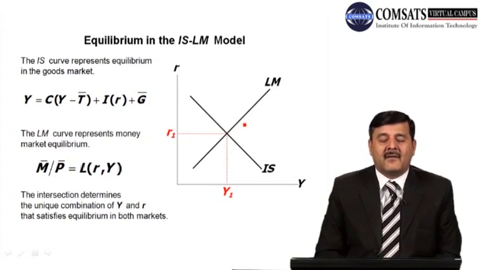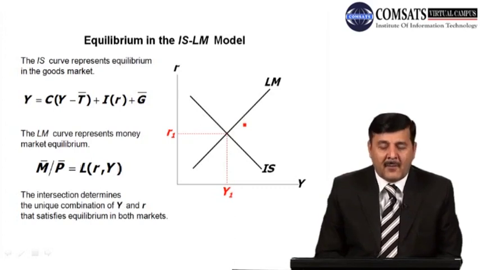The LM curve represents the equilibrium in the money market, and the money market is in equilibrium where the supply of real money balances, which is M bar over P bar, is equal to L(r, Y), the demand for money.